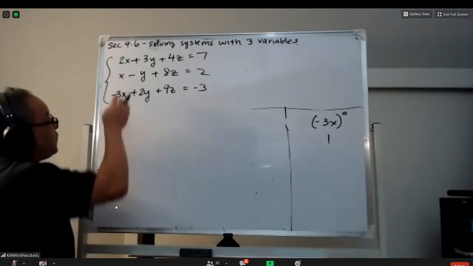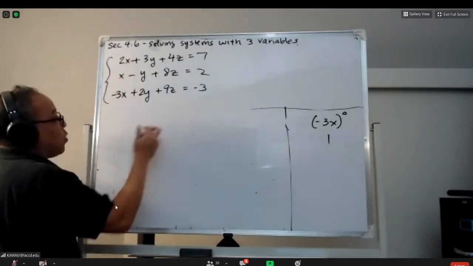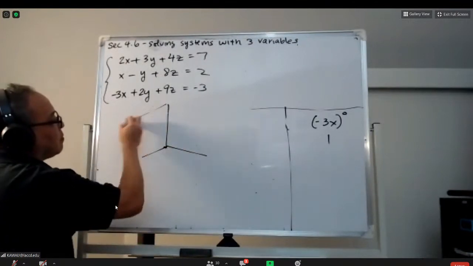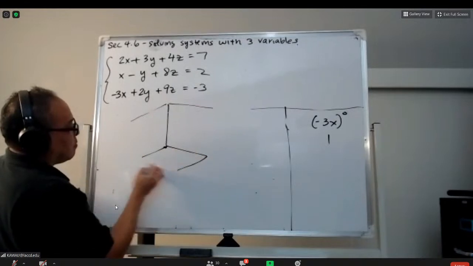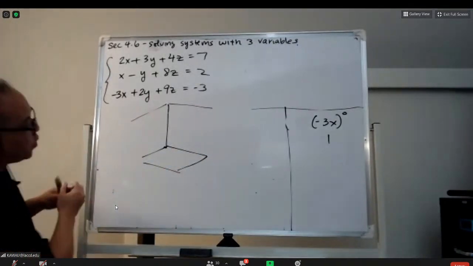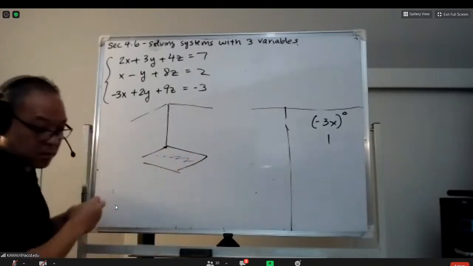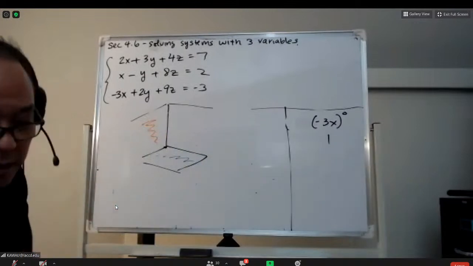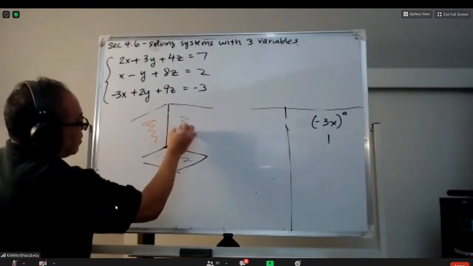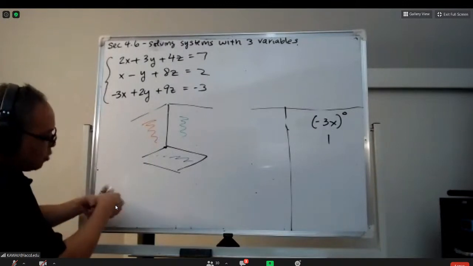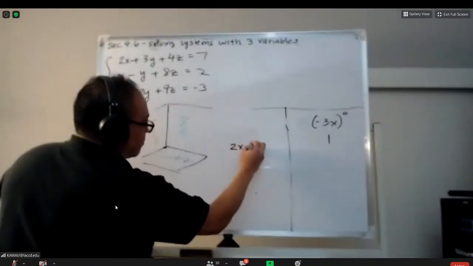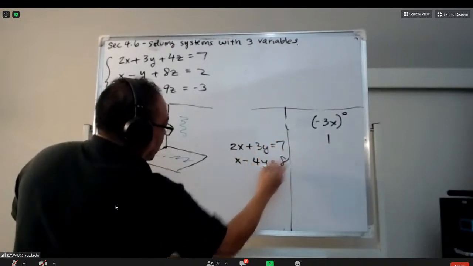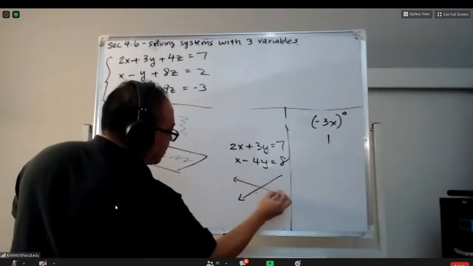Okay. So if you think of each one of these as a wall, here's one plane. Here's another plane. And here's a third plane. Now, in the past, when we had problems that looked like this, we said, oh, that's where 2 lines intersect.